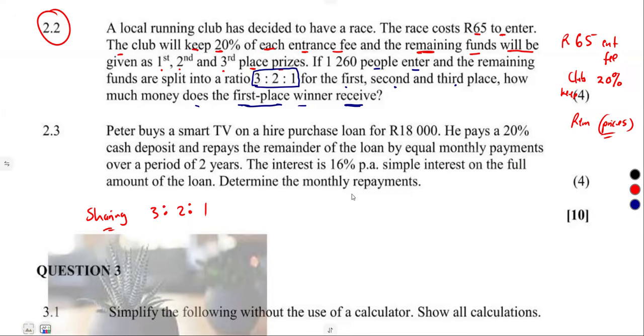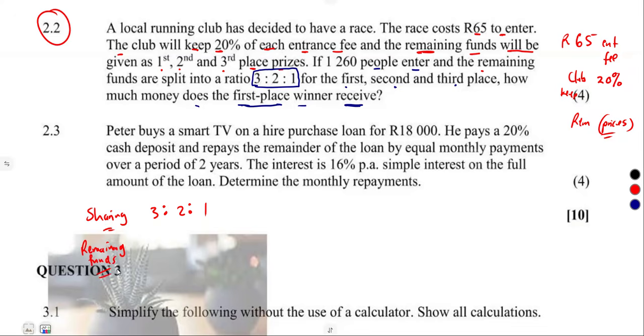But before that, the remaining funds are the ones that were being split in the ratio. So this sharing ratio was for the remaining funds, all right?